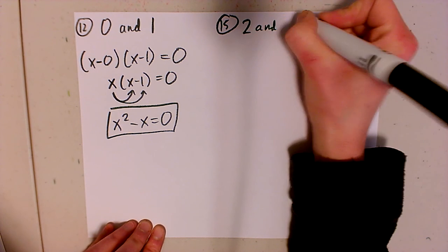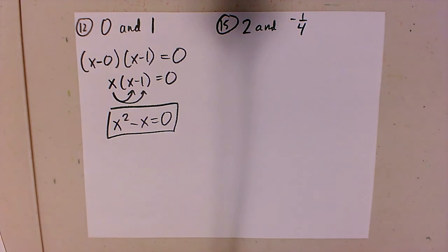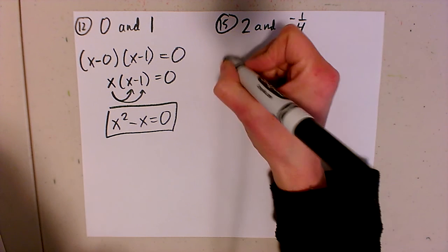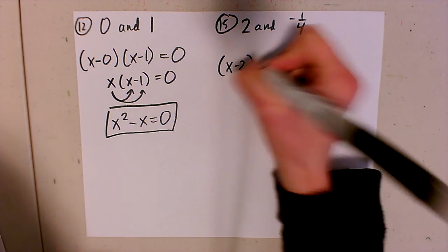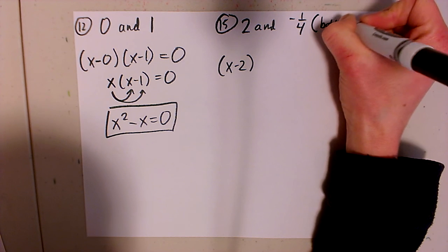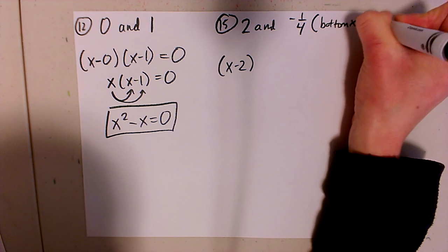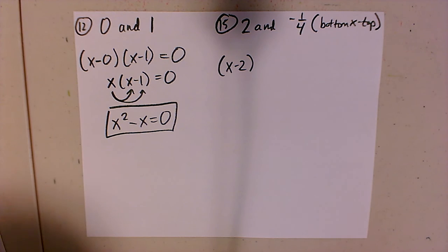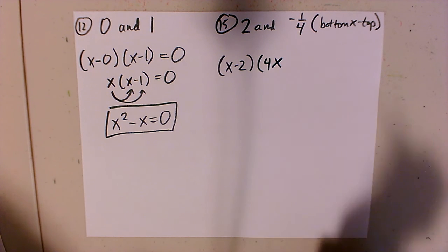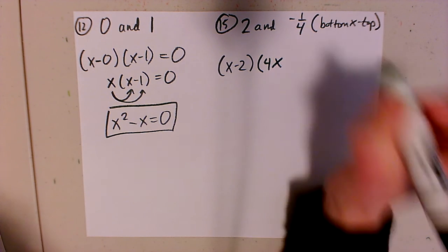So I'm going to have 2 and negative 1/4. So that 2, we could think about that's just x minus 2. And then the negative 1/4, we can use the format bottom x minus top. Okay, so our bottom, or our denominator, that'll be 4, so we'll have 4x, and then minus the top.